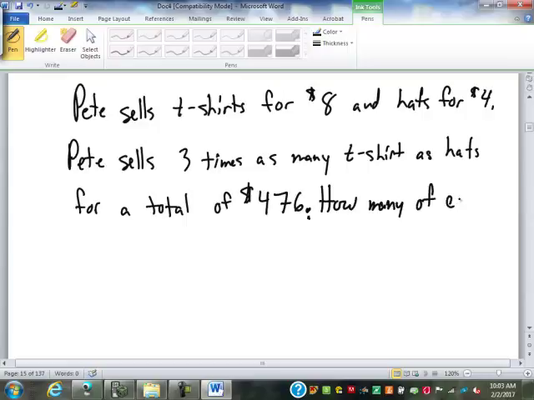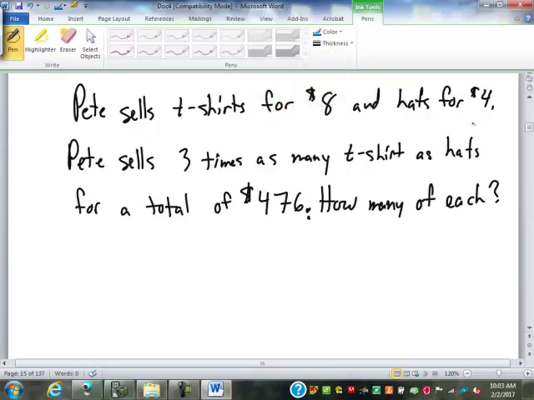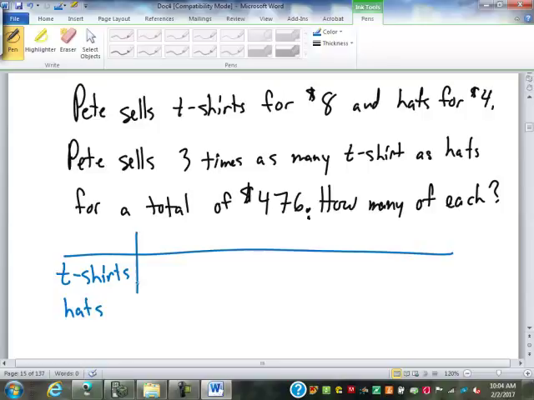I'm just going to put how many of each again. There's an extra level of complexity in this problem. So we're going to look at the t-shirts and the hats here. And the first thing we're going to look at is the number sold. Just like before, one is referenced off the other. One can be defined in terms of the other. That's done right here.